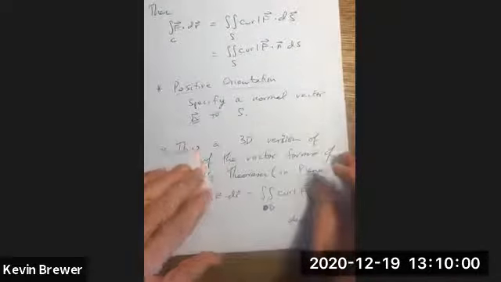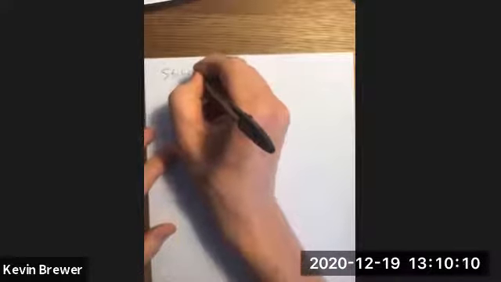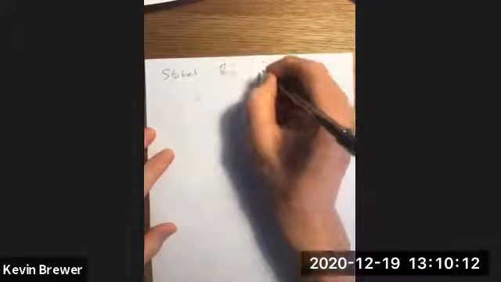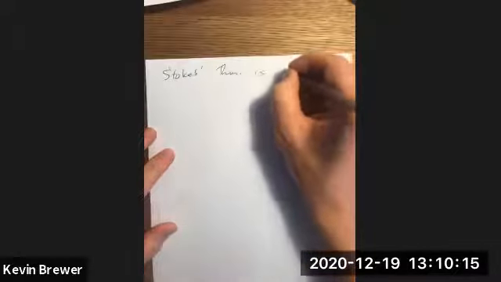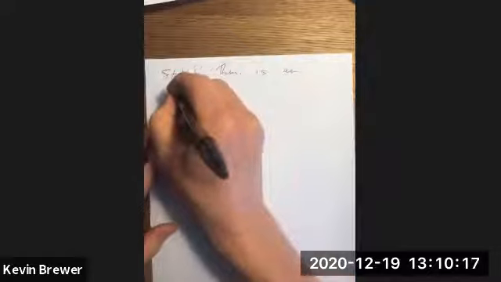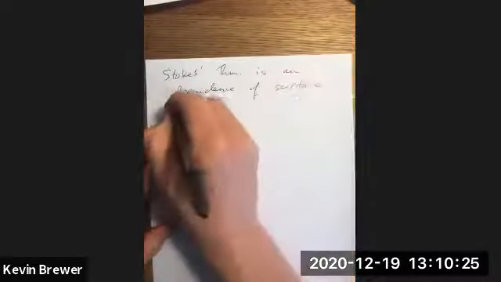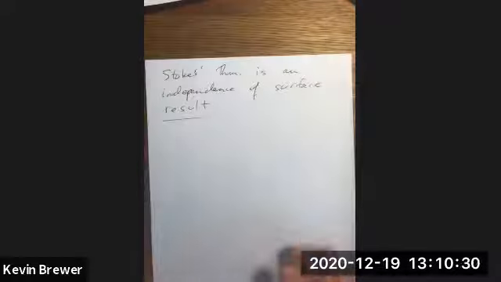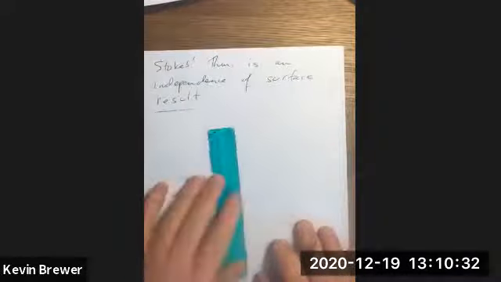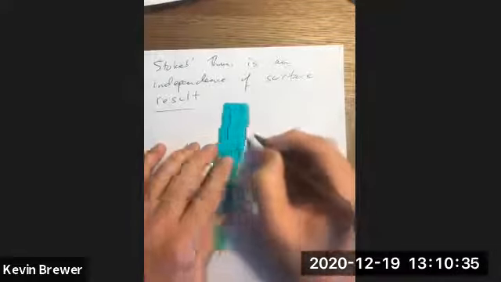Okay, finally, what I'm going to say about Stokes theorem is that it is an independence of surface result. And maybe the way to draw that out would be another picture.